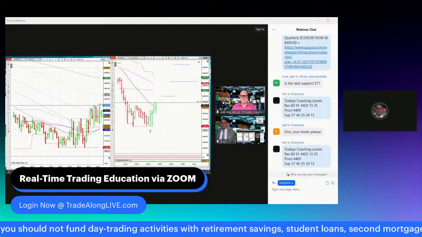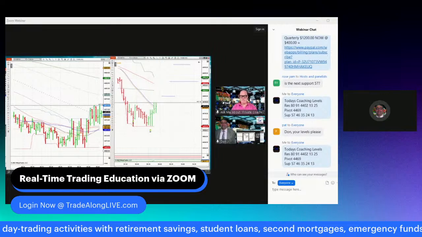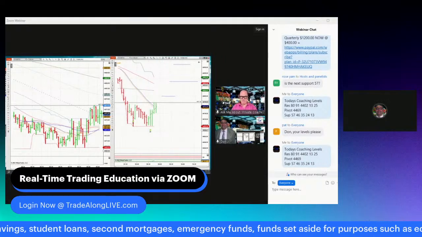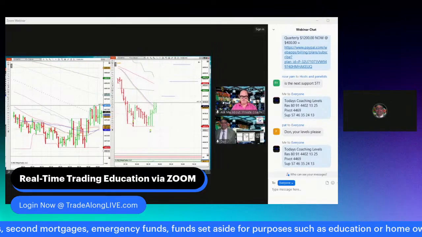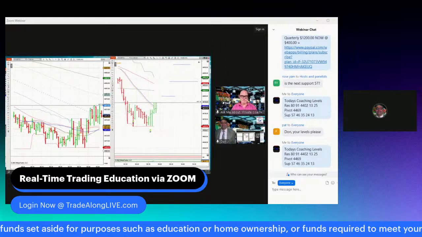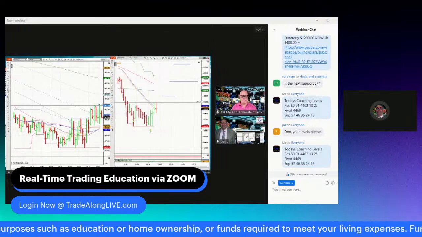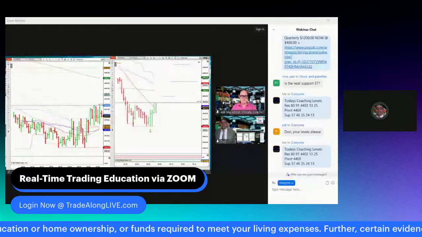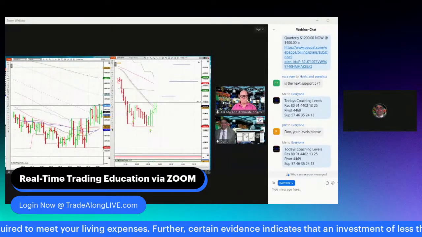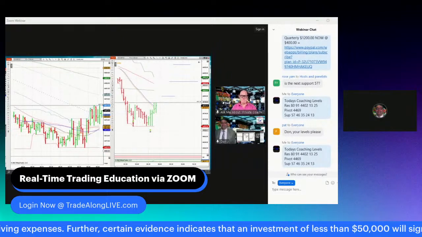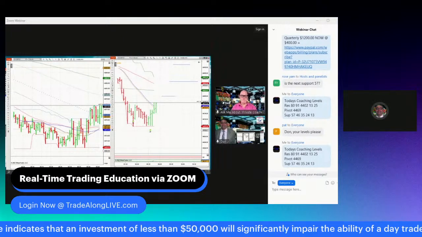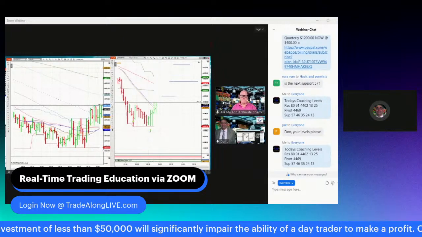We're still working that 74, 75 area. I mean, we had good reason to take our blue band, and it worked. You know, it's just another trade in the arsenal. We just take them as they come.